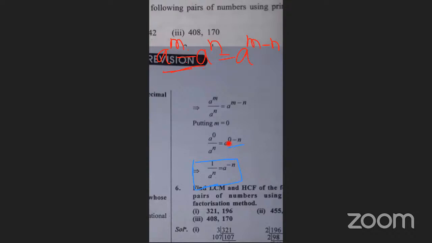If it was only a to the power 0, then we would have to prove 1. But here they gave a to the power 0 minus n. So 0 minus n, suppose 0 minus 7, is how much? Minus 7, right. So 0 minus n is minus n. Understood, Abhulation? Yes, sir. Because 0 minus 8 is minus 8. So 0 minus n is minus n. Everyone note it quickly.